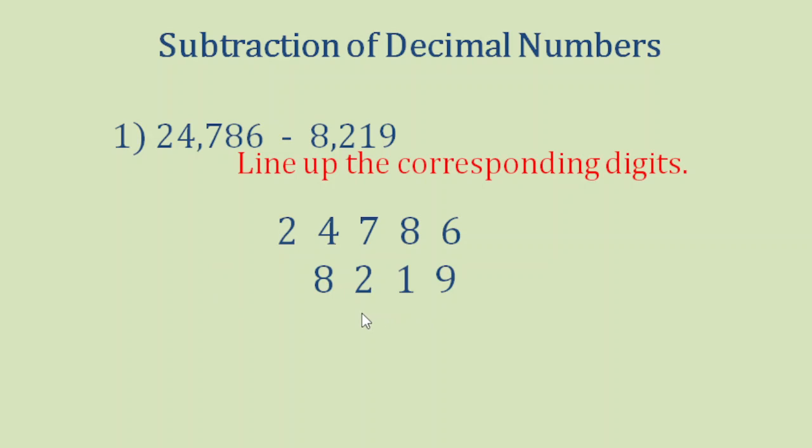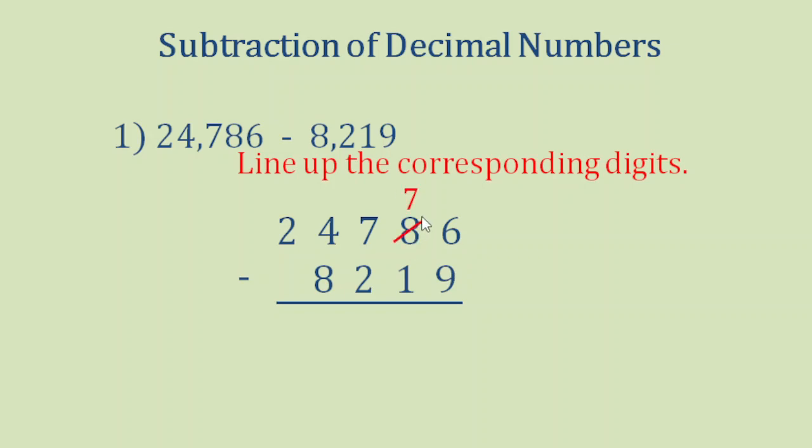Now, let's start subtracting. We subtract the corresponding digits from right to left. 6 minus 9 cannot be because 6 is less than 9, so we borrow 1 from 8.